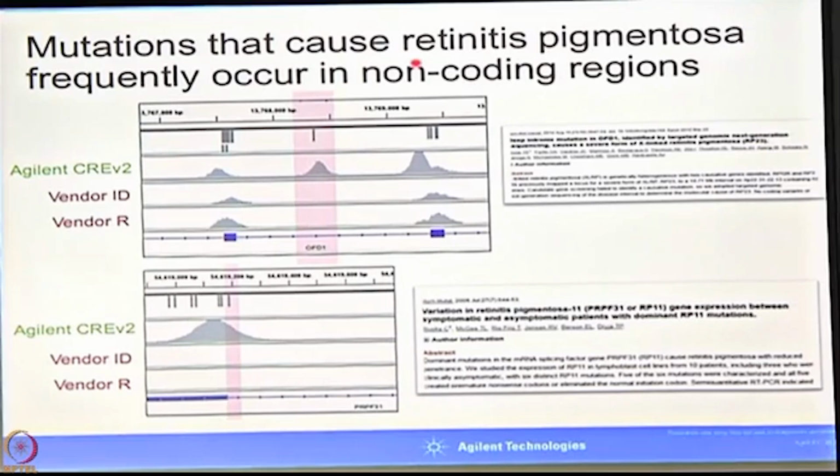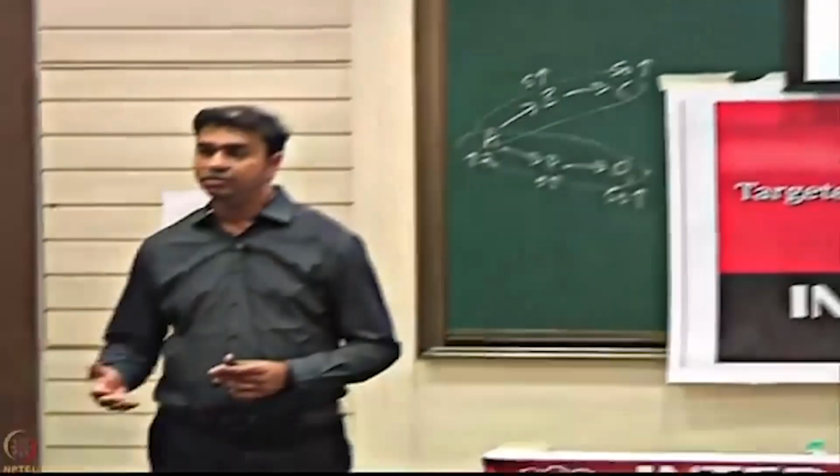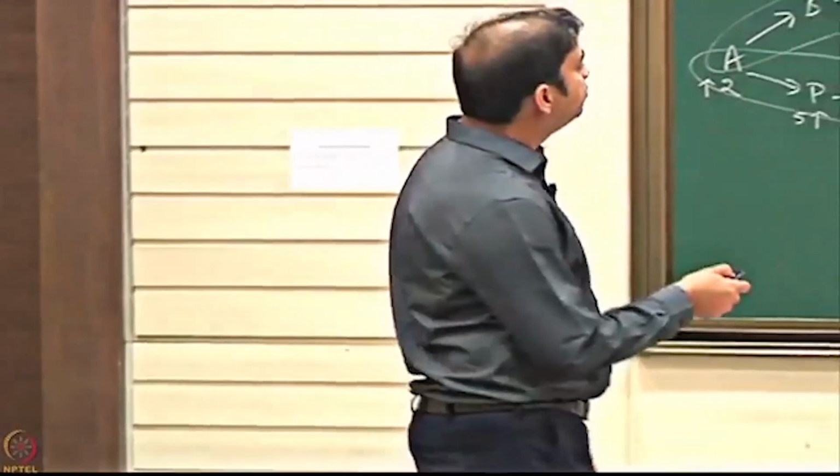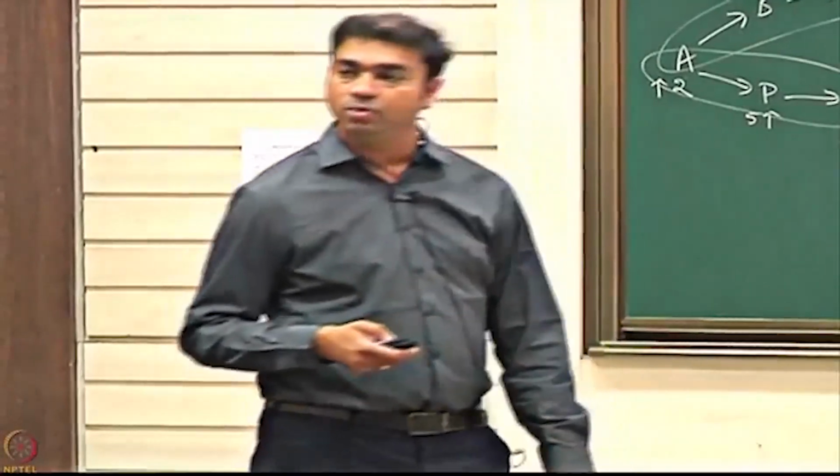Then if you see this region, again, it is well covered. These are all non-coding regions. These are well covered with our clinical research exome. And most of the pathogenic variants for rare disease are present in non-coding regions. So it is fairly covered with the clinical research exome panel.